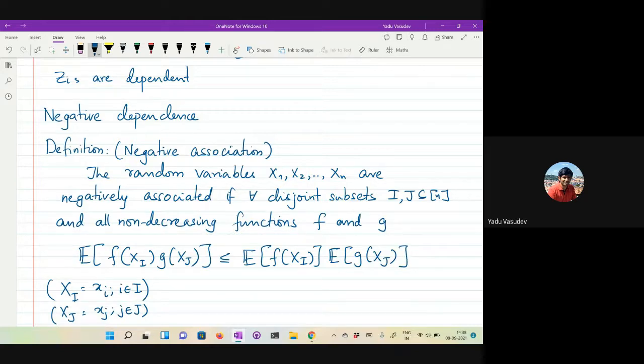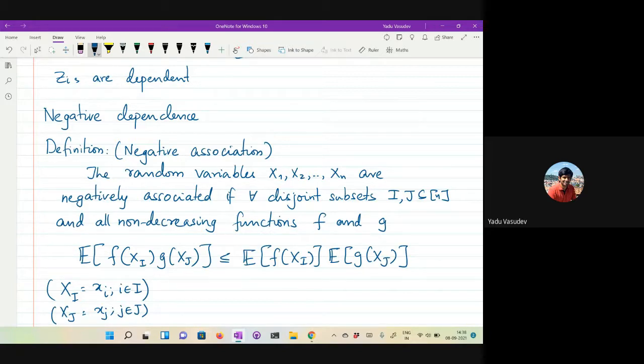So this is the definition of negative association. We say that a set of random variables are negatively associated if for every disjoint subsets I and J, and every non-decreasing functions f and g, this statement holds.